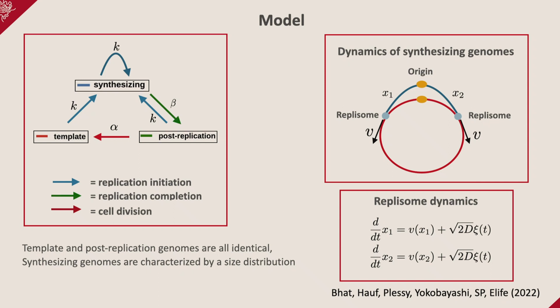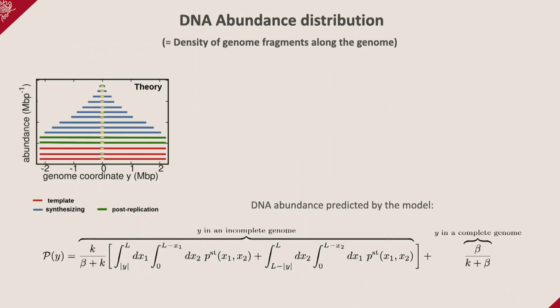So essentially the need for this model is that the rate of completion beta enters this formula here. So we needed to say that essentially the fraction of complete genomes is beta divided by k over beta. And we can measure beta from the stochastic simulation. So essentially, yeah. Thanks.